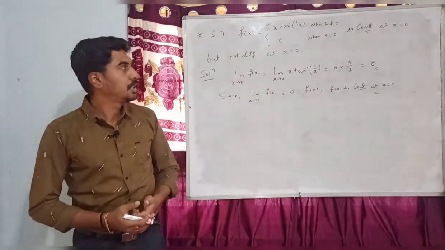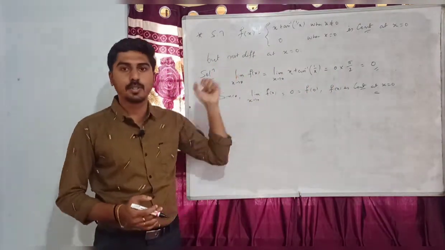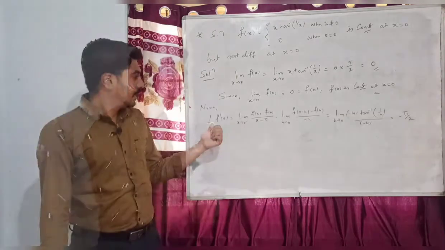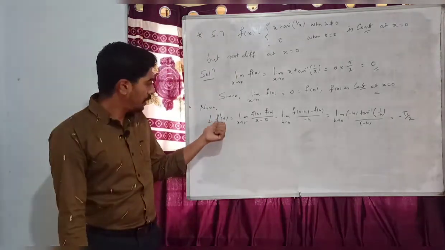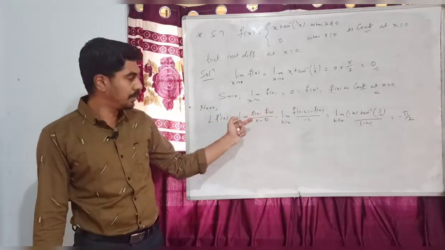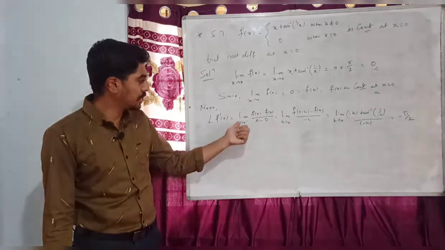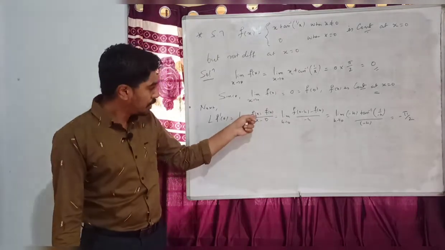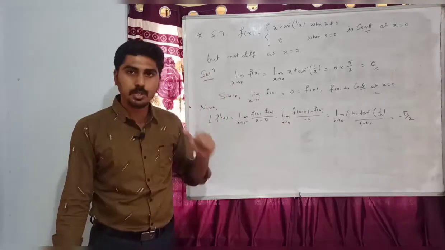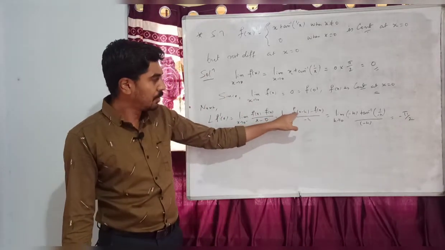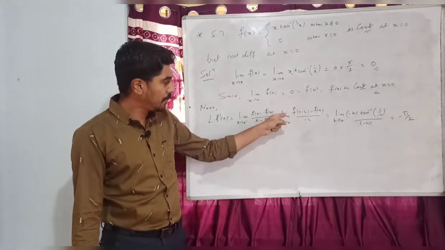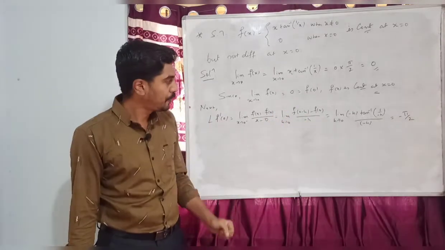Now let us check the differentiability at x equal to 0. First, let me find out the left hand derivative. The left hand derivative L of f dash of 0 is defined as the limit of (f of x minus f of 0) divided by (x minus 0) as x tends to 0 minus. Substitute x equal to 0 minus h and take the limit as h tends to 0. So I get here the limit of (f of 0 minus h minus f of 0) divided by minus h as h tends to 0.